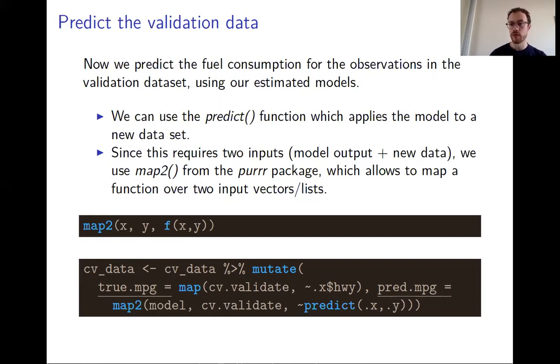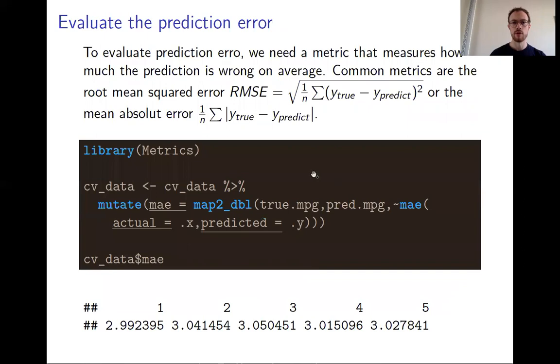Once we have this, now we can simply evaluate how much the predictions are off from the true miles per gallon estimates. And to do this, we need a metric, and there are two commonly used ones. There's the root mean squared error, which is based on the squared deviations between the true value and the predicted value, and the mean absolute error, which is simply the average of the absolute deviation of the true value from the predicted value.